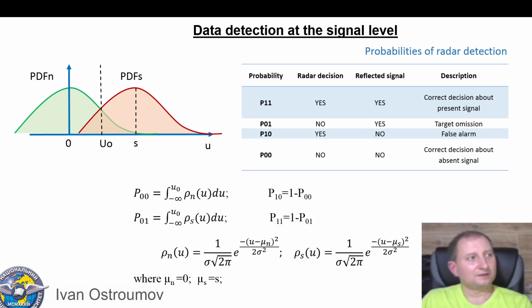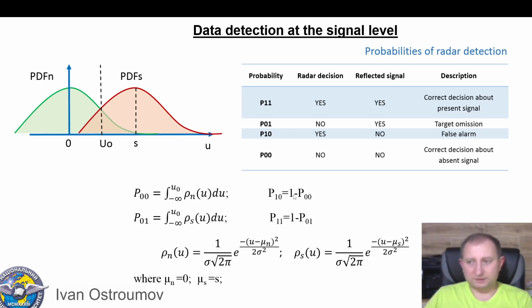That's why we call these two cases a full group of probability, because the sum of them is equal to 1. That's why this probability of false alarm we can estimate as 1 minus probability of correct decision about absent signal.